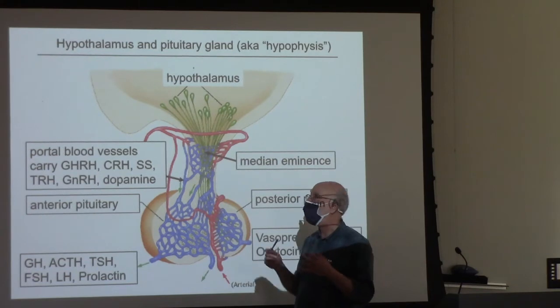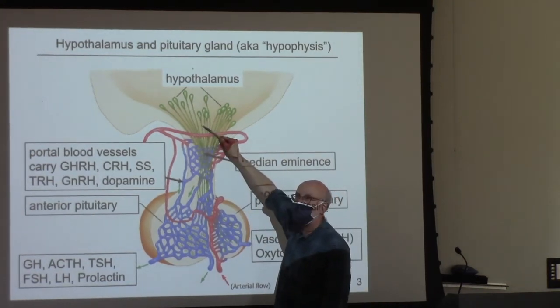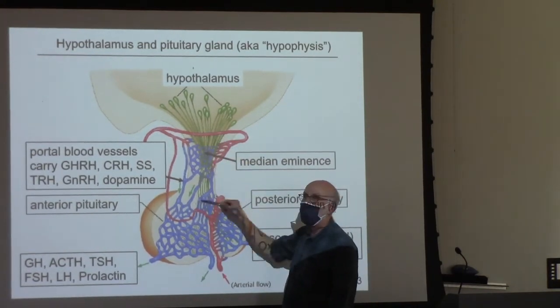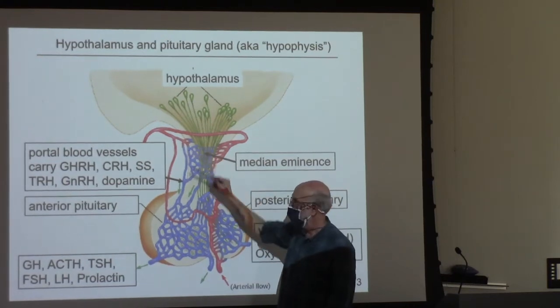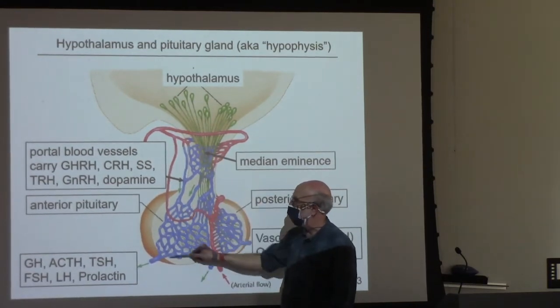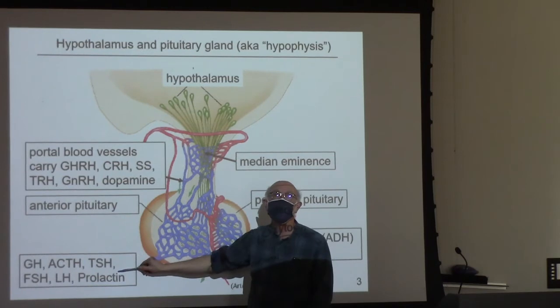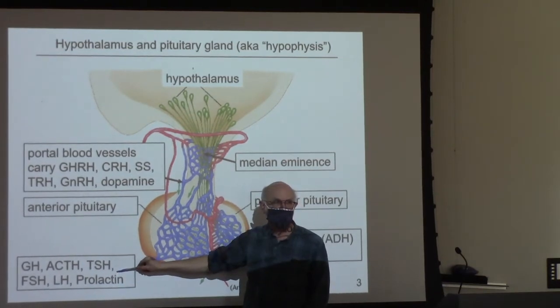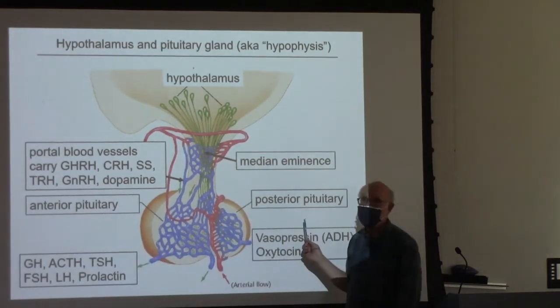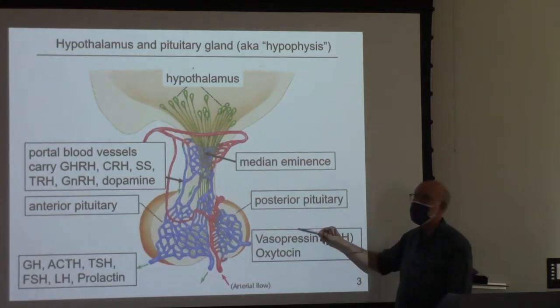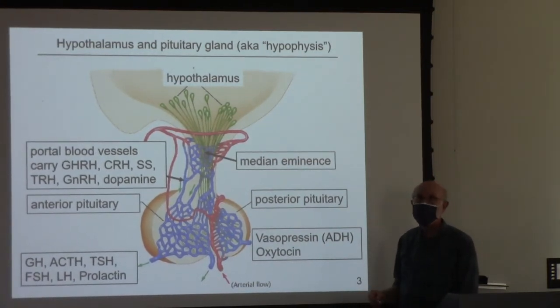So in this case, we have to think about hypothalamic release into a portal circulation and anterior pituitary cells releasing into the systemic circulation. Over here, we don't have to worry about the two circulations because these hormones are released into the systemic circulation.